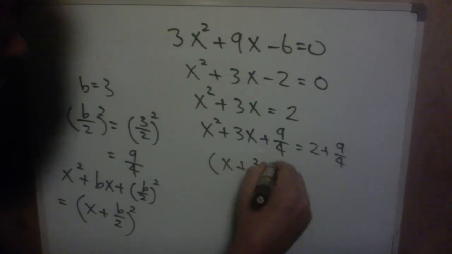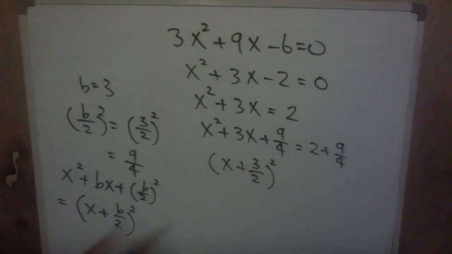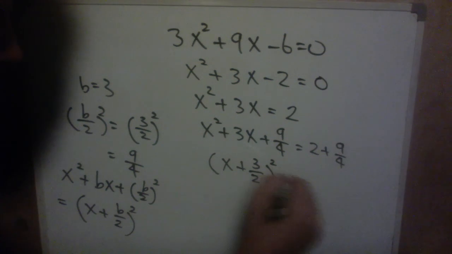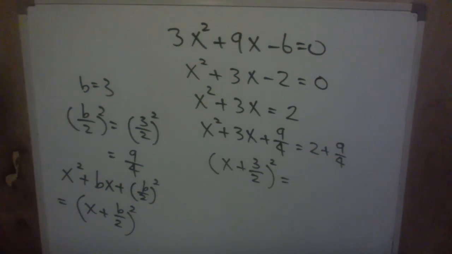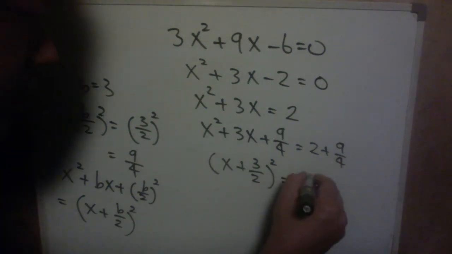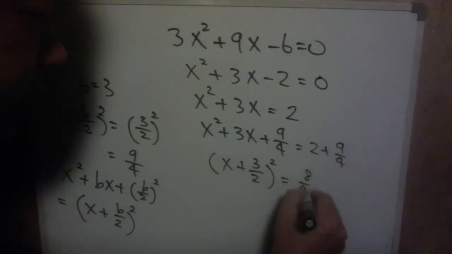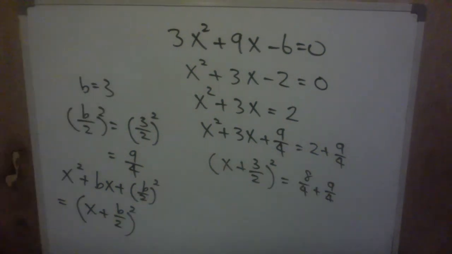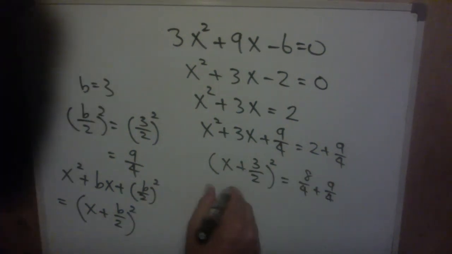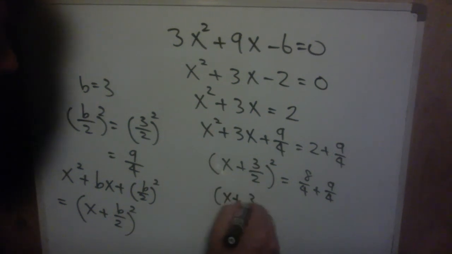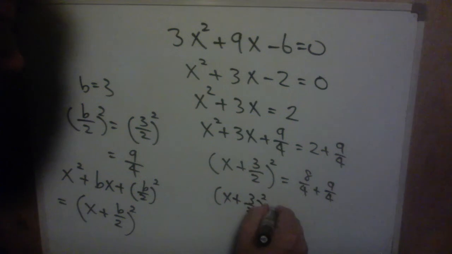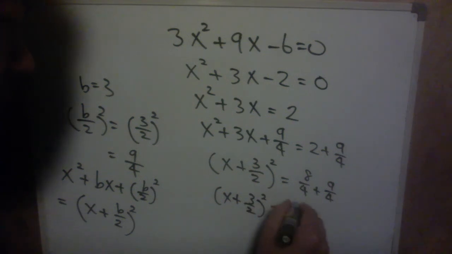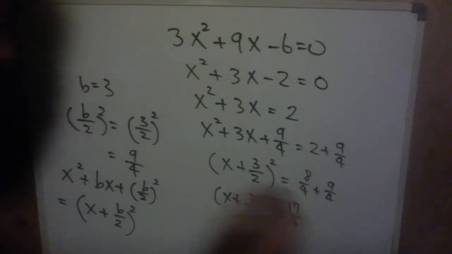So we have x plus 3 halves quantity squared equals 2 plus 9/4. Well, 2 is just 8/4, plus 9/4. So essentially, quantity x plus 3 halves squared is equal to 17 over 4.